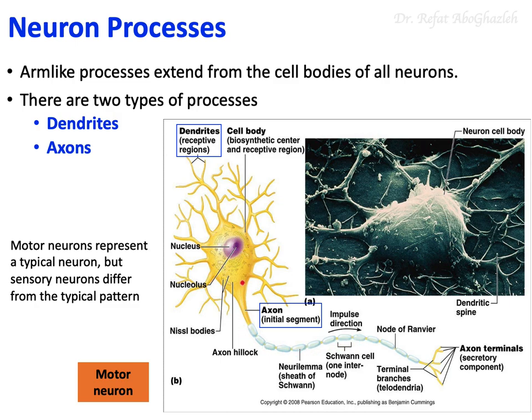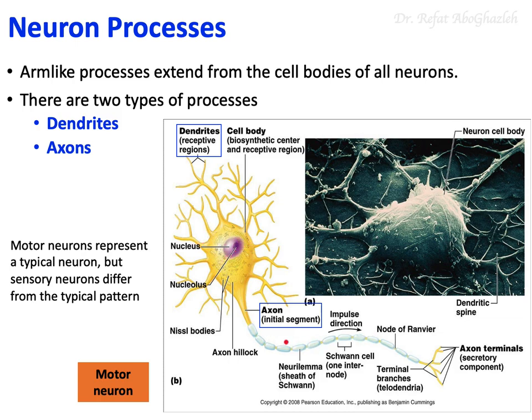Keep in mind that the cell processes of the neuron here are described using a motor neuron, which is the typical neuron that we use to describe the different features of the neuron. But after a couple of slides, later in this lecture, we will talk about different types of neurons and how we classify them. For now, keep in mind that we're talking about the typical neuron, which is the motor neuron, but the sensory neuron differs from the typical pattern.